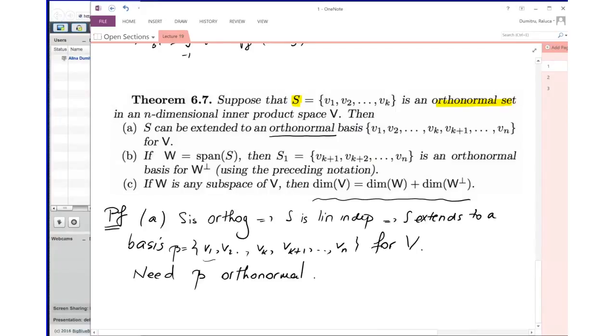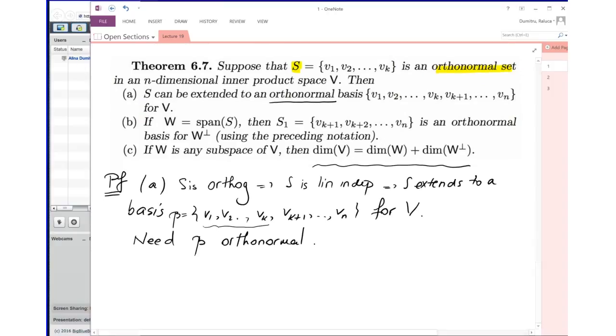All right, so we can control the first k entries, right? They were orthonormal to start with, but the remaining n minus k vectors, we have no control over them, right? What we can still do is to take this set beta and apply Gram-Schmidt to it, and turn that into an orthogonal set, at least.